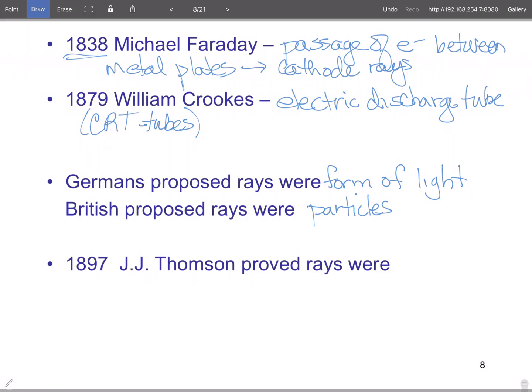And guess what? This was the leading thing in science. And when you have something on the cutting edge, somebody's going to want to use it for war. And that's what they were doing. But in 1898, J. J. Thomson, you're going to see him a lot, proved the rays were particles.